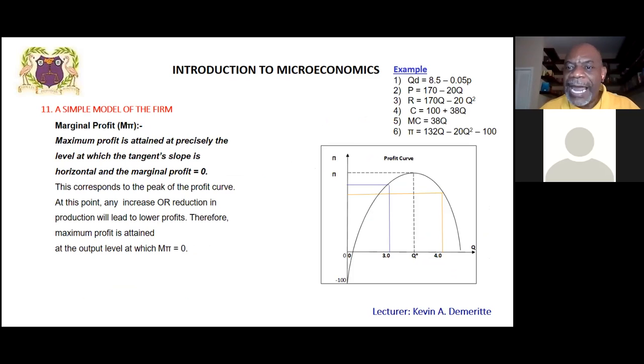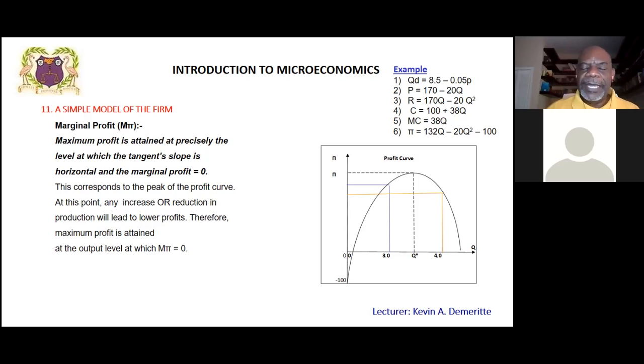Or if we bring it down to reality, we're saying the amount of profit that we are going to earn is going to be different depending on how much we produce and sell. The amount of profit is not going to be the same at every level of output.